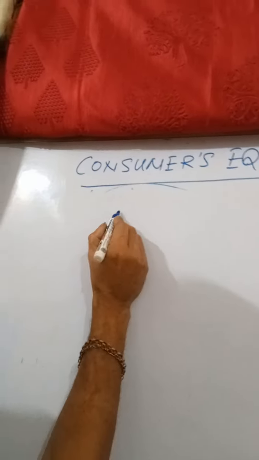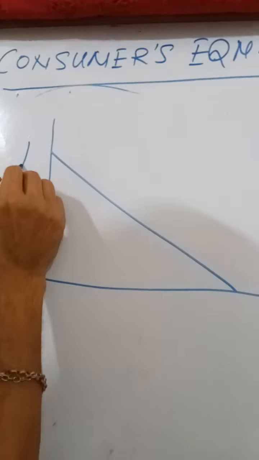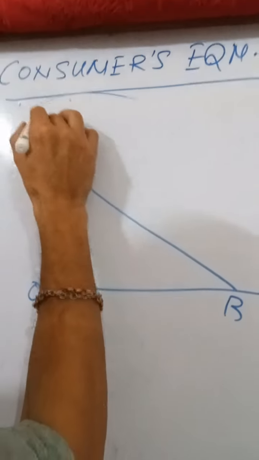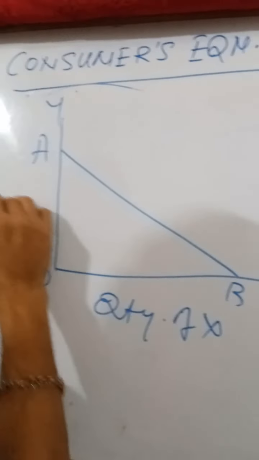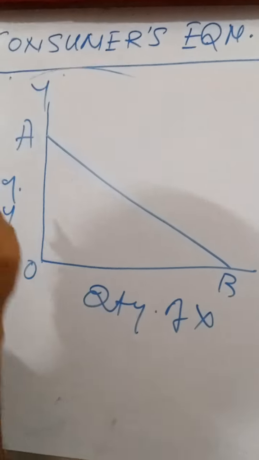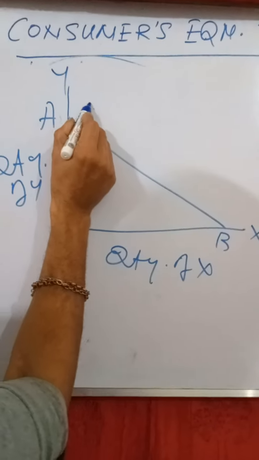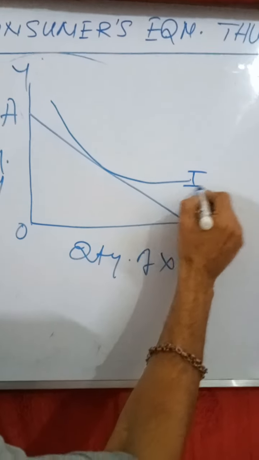So, again I am drawing one diagram. Please watch carefully. AB is the budget line, this is quantity of X, this is quantity of Y, and this is the indifference curve.